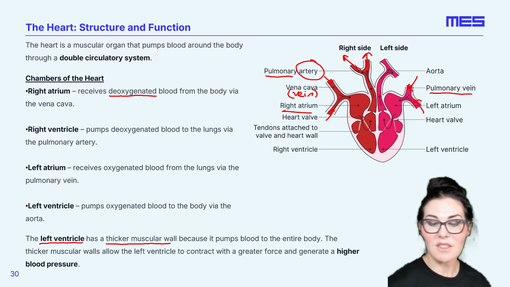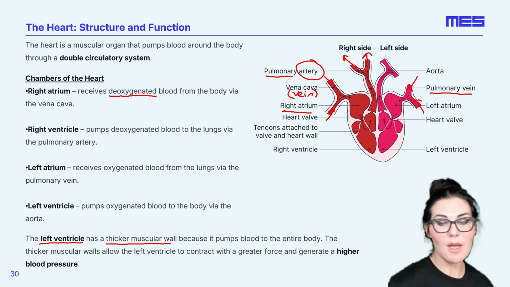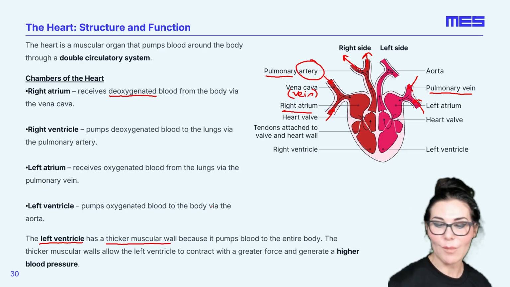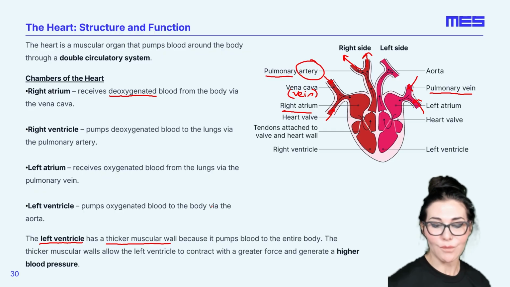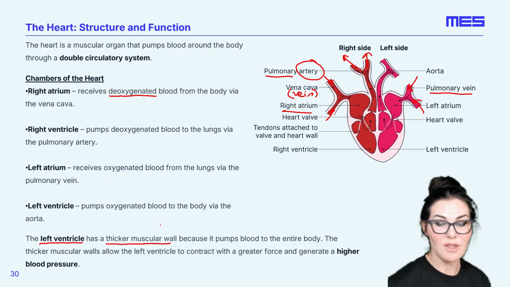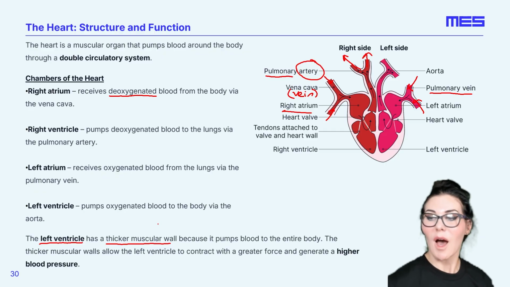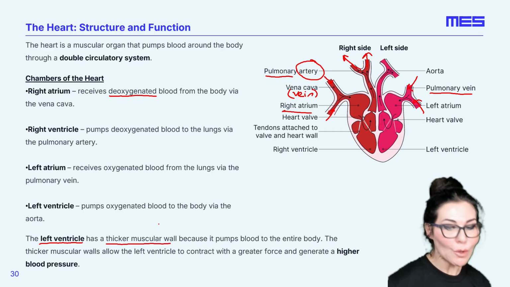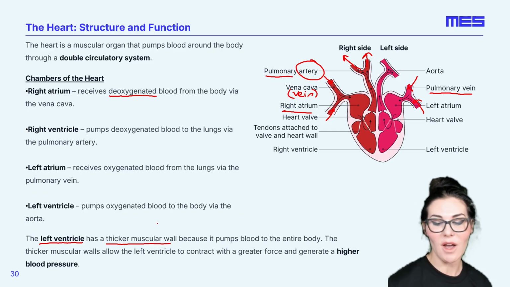On the other hand, the left ventricle has to be able to pump the blood all the way around the systemic circulation, all the way around the body, and that takes a lot of pressure. So the left ventricular wall has a much thicker muscle component in order to contract more forcefully and pump the blood at a higher pressure to get all the way around the systemic circulation. The pulmonary circulation does not require the same pressure.